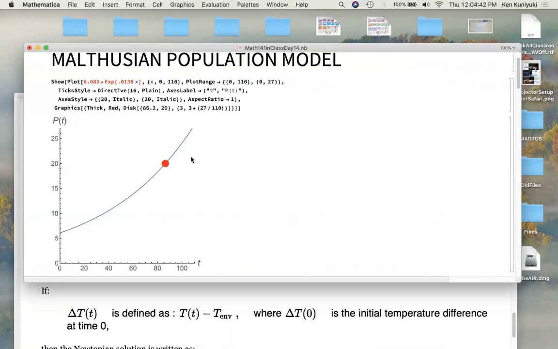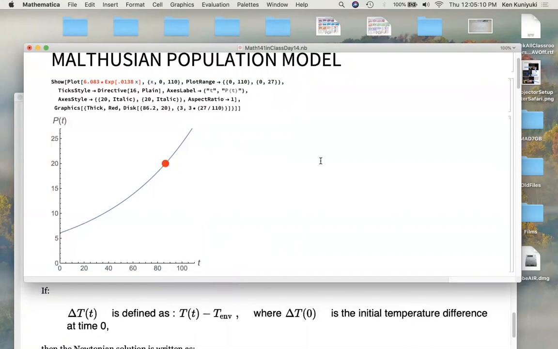It's an exponential growth function. The initial value is this coefficient, 6.083. That's the population at time t equals 0, January 1st, 2000. And we're saying that after about 86 more years, the population will be 20 billion, that red dot there.